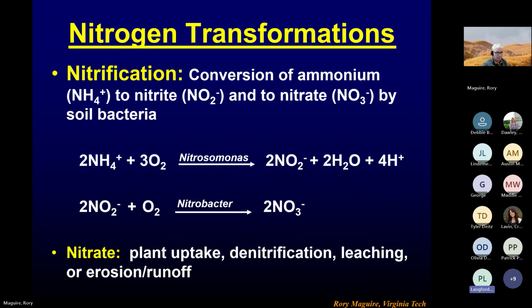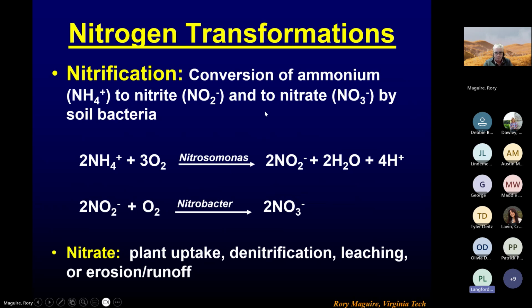Our next transformation is nitrification. This is the conversion of ammonium to nitrite and then nitrate by soil bacteria. And so those are the nitrosomonas and nitrobacter. For that first one, we have ammonium and oxygen with the nitrosomonas will turn into nitrite and water, as well as some hydrogen ions.